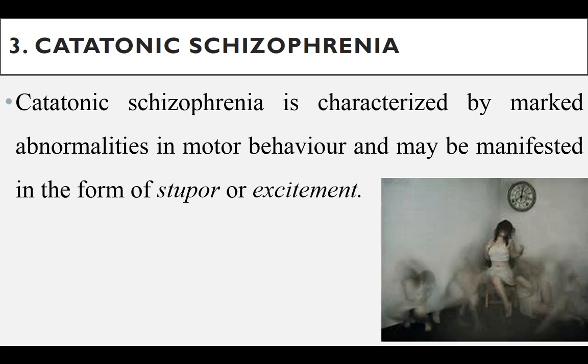If, along with all those signs of schizophrenia, there are also disturbances or changes in psychomotor behavior, when motor behavior is involved, then it goes into catatonic schizophrenia.